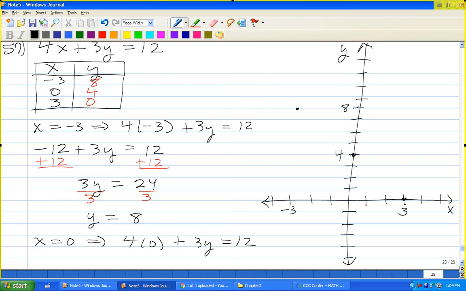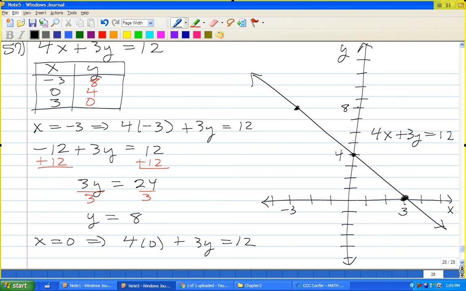Okay. So let's sketch the graph. Try that again. That's a little bit better. Okay. So this is the graph of 4x plus 3y equals 12.